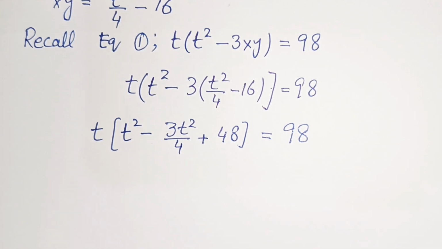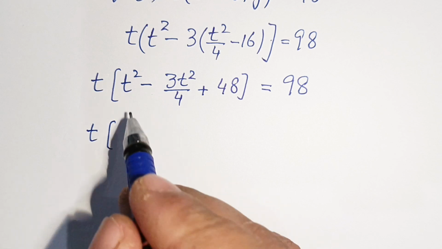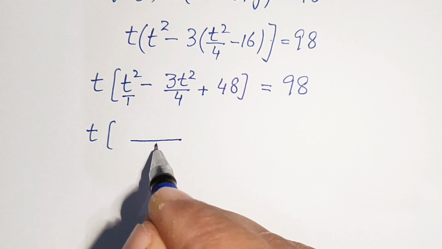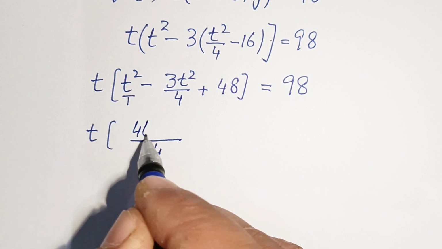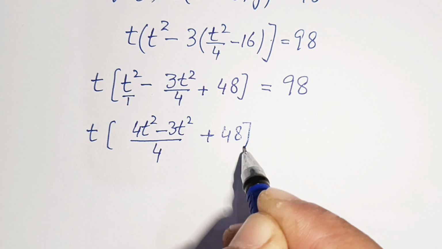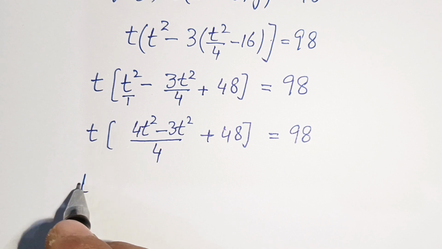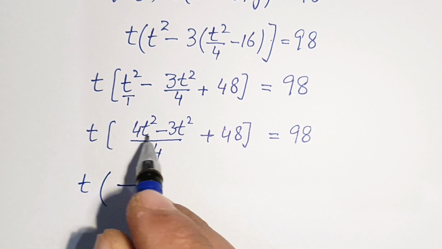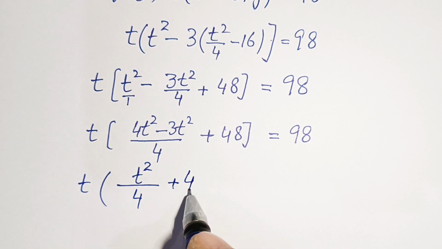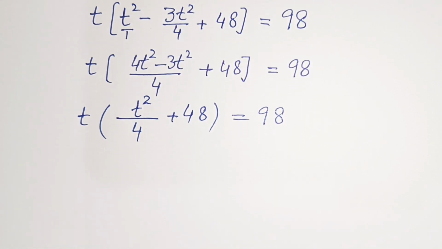Now our next step will be, here we have denominator is 1, so we just write that 4, here 4 times t squared is 4t squared minus 3t squared plus 48 is equal to 98. Now here we get 4t squared minus 3t squared, we get t squared divided by 4 plus 48 is equal to 98. We are going to just simplify this one.